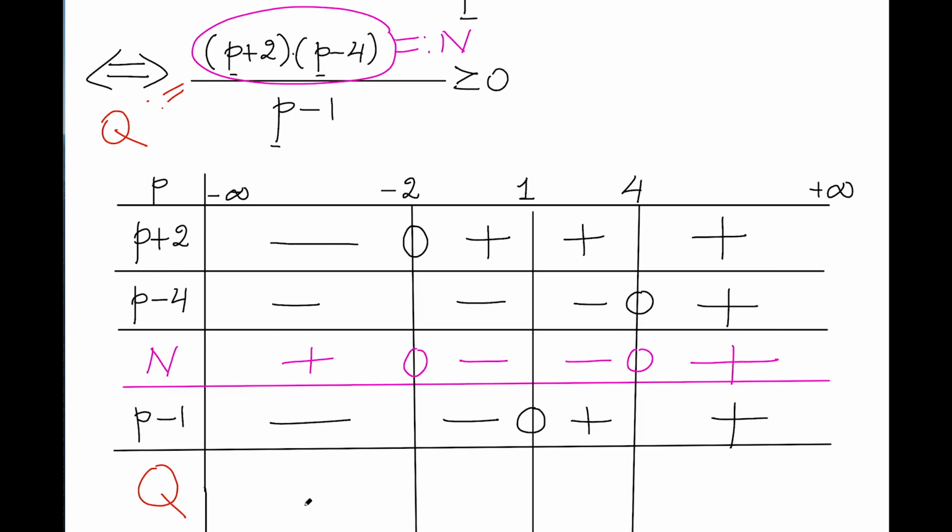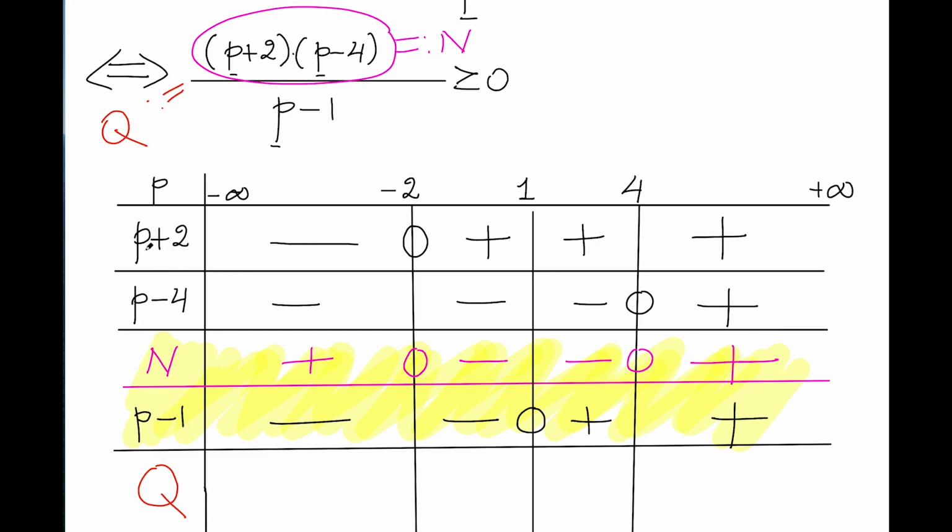Very good. I'm going to focus, just as you may guess, on these two things: the information on n, the numerator, and the information on the denominator, which is p minus 1. This is where I'm going to focus, and that's it. Why am I not going to take into consideration p plus 2 and p minus 4?